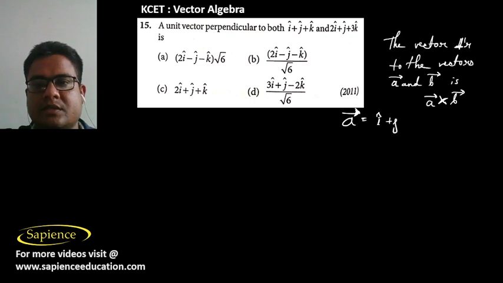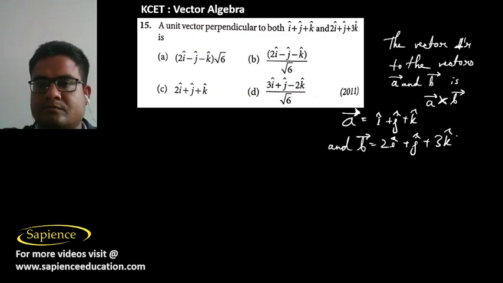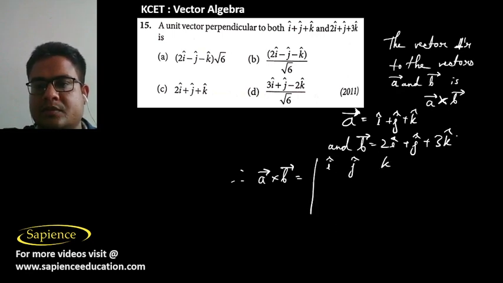Vector A is given as i cap plus j cap plus k cap. B vector is given as 2 i cap plus j cap plus 3 k cap. So therefore, A cross B will be equal to the determinant of i, j, k, 1, 1, 1, the components of B being 2, 1, 3.